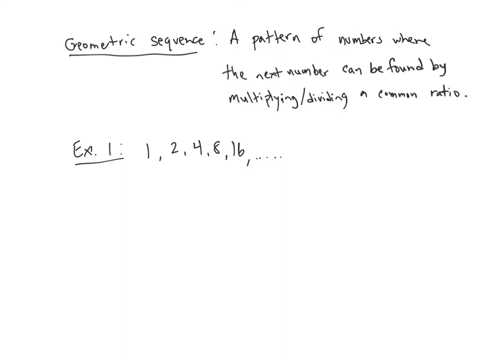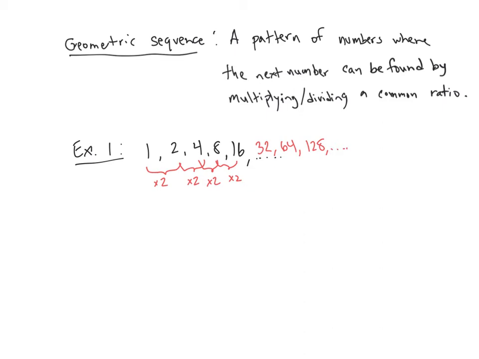I can get from 1 to 2 by multiplying by 2, from 2 to 4 by multiplying by 2, 4 to 8 is times 2, and 8 to 16 is times 2. If I wanted to keep going, I would continue multiplying by 2. So 32, and then 64, 128, and so on.